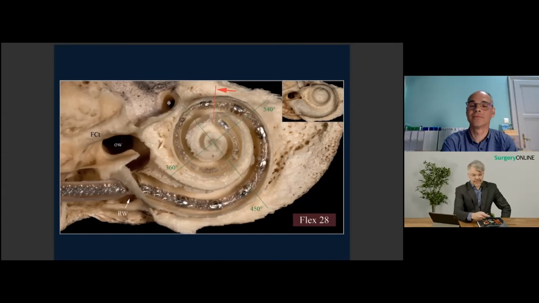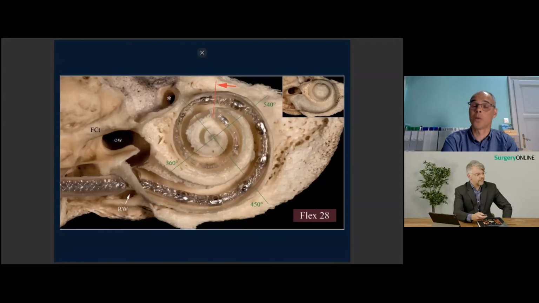It seems that the electrode is tailored for that individual cochlea, and you're using the Flex 28. My question is, how important is it to have a whole portfolio of electrodes in order to fit the exact size, in your opinion?